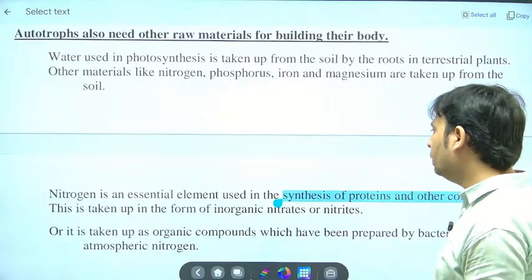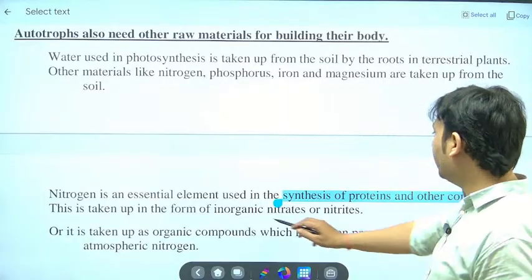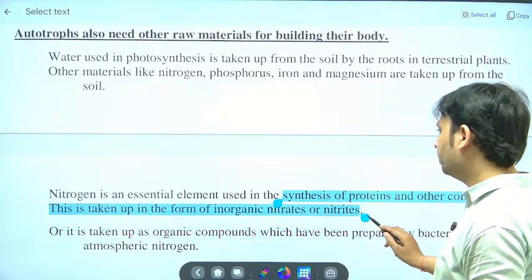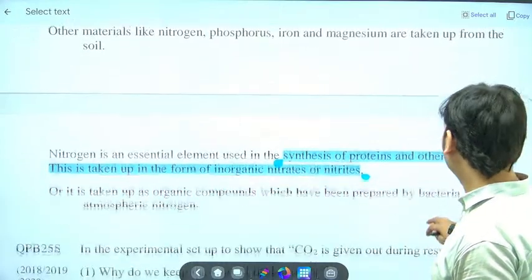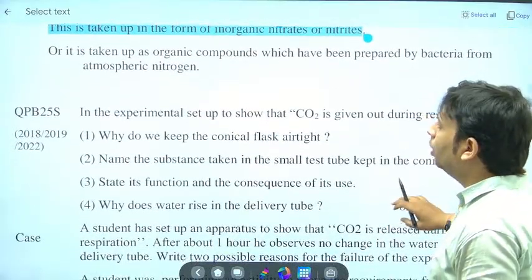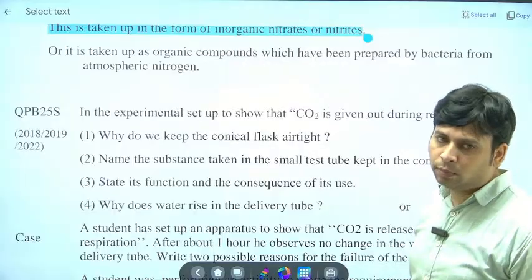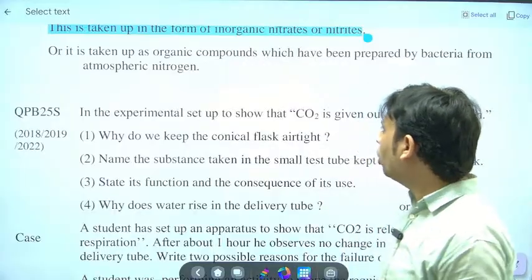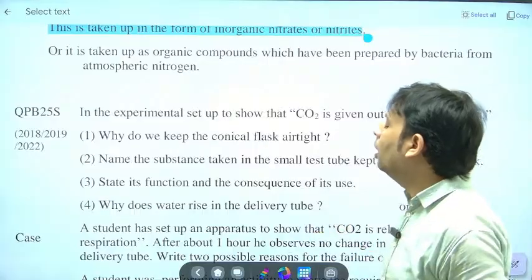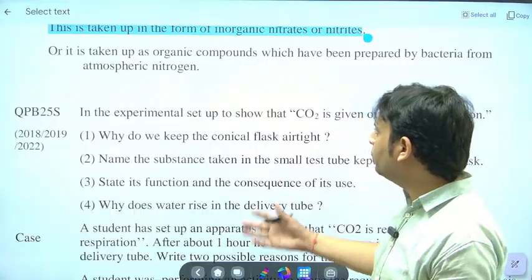This is taken up in the form of inorganic nitrates or nitrites. Or plants take some inorganic or organic compounds which have been prepared by bacteria from the atmosphere, like atmospheric nitrogen.